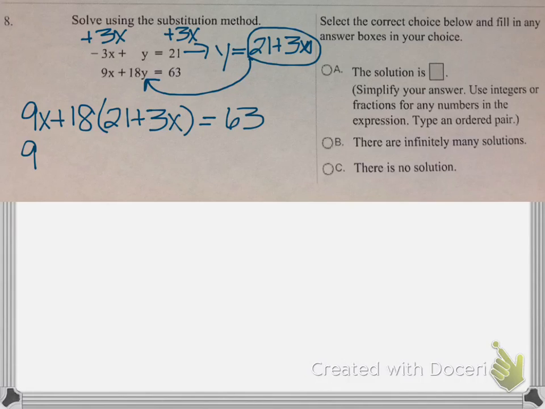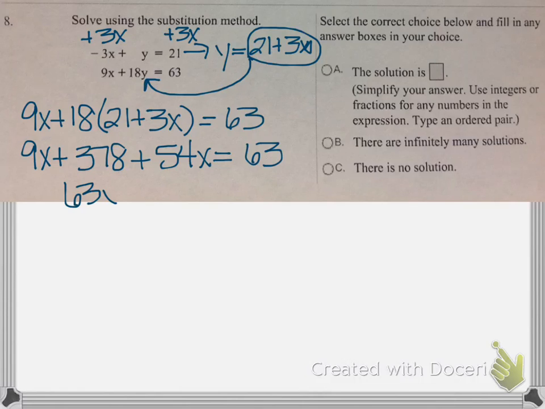So I'm going to have to distribute. 18 times 21 is, somebody check it, 378. Is that right? Okay. And then 18 times 3x would be 54x equals 63. So I've distributed. Now I can combine like terms because I have 9x and 54x, which would be 63x.